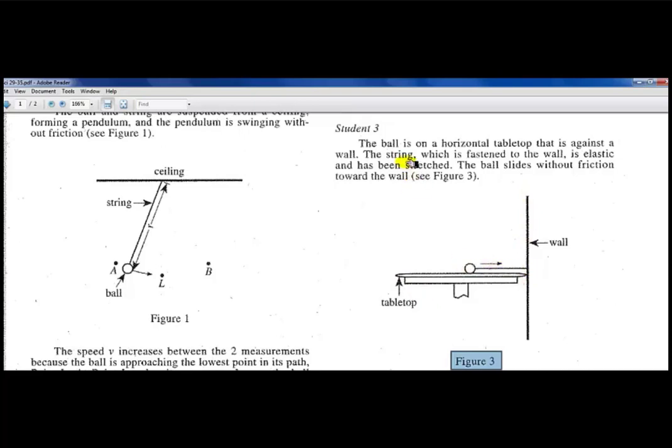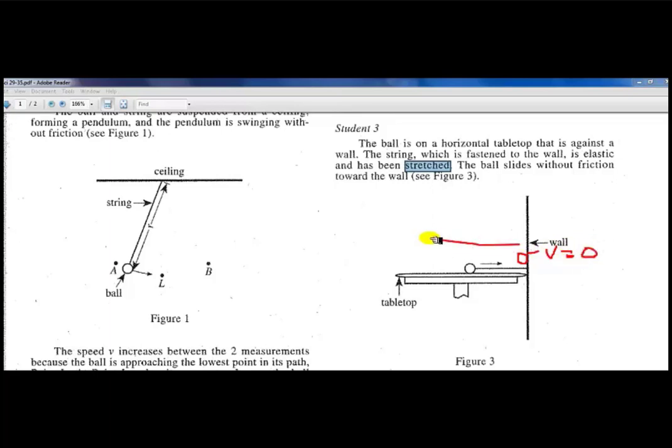The string is being stretched, and then the potential energy is shooting the ball towards the wall. Once the ball hits the wall, the movement stops. It's going to be on the wall. It stops. So that means once the ball touches the wall, the velocity would be 0.